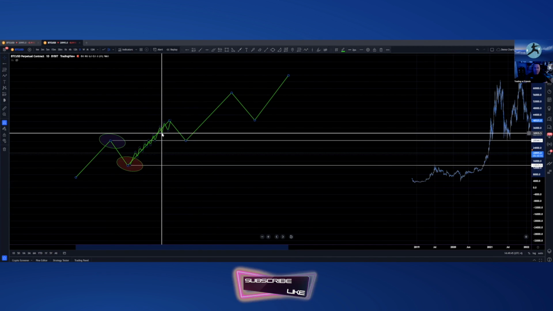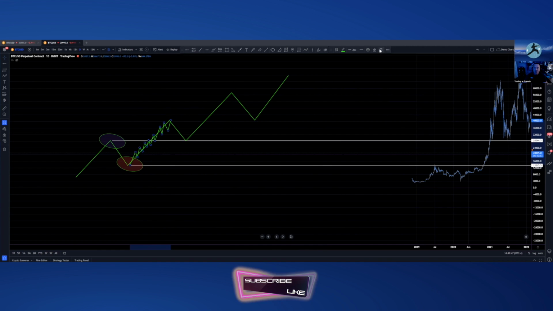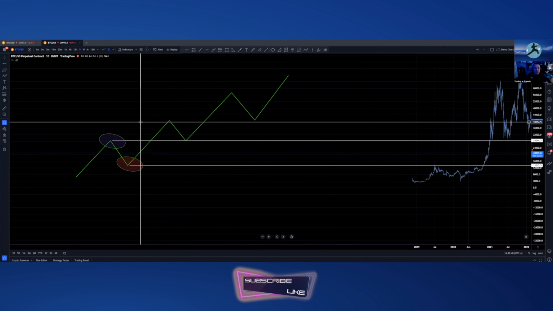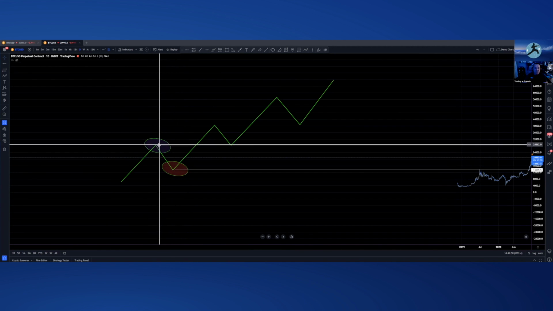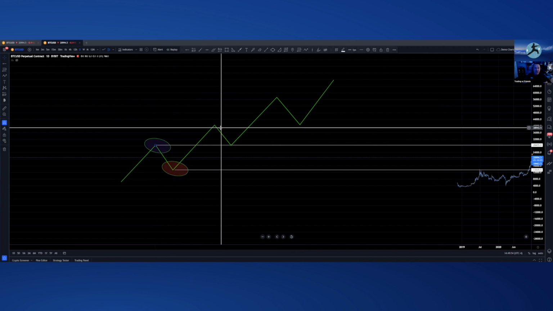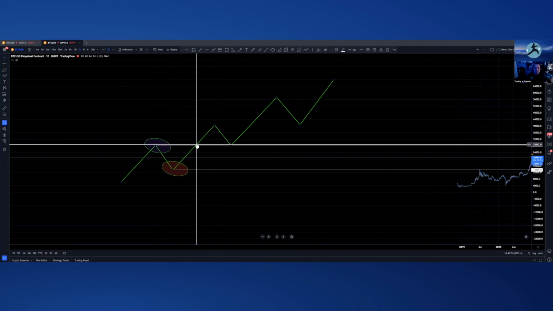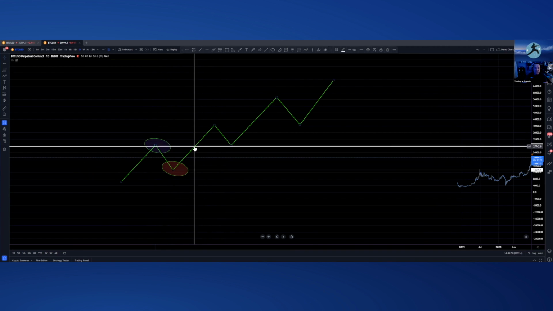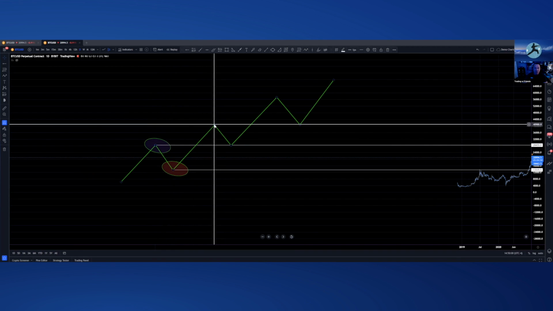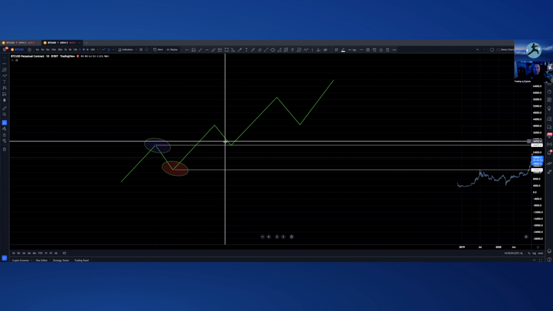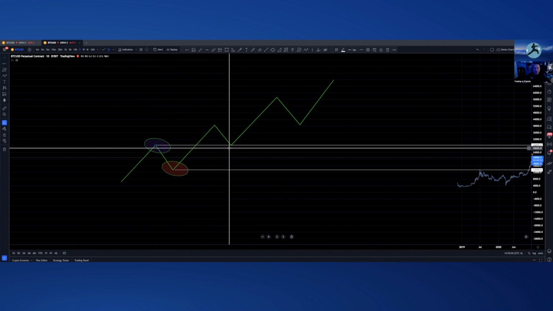Okay, because let me erase this little internal structure right there. All right, so at this point in time, we just broke this high, like a candle closed above it, and we wait for it to come up and we wait for it to have its pullback. And that's what I was talking about yesterday about the criteria in which we want to look for to determine what is a pullback on that time frame.